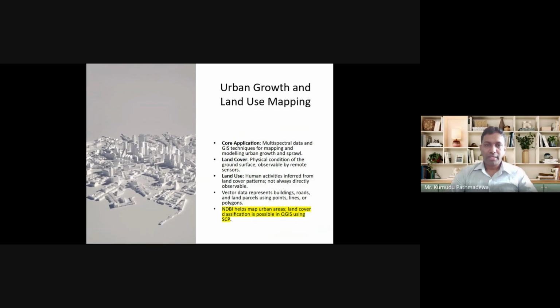So tools like NDBI and QGIS semi-automatic classification plugins help you classify urban areas effectively while using these multispectral images.